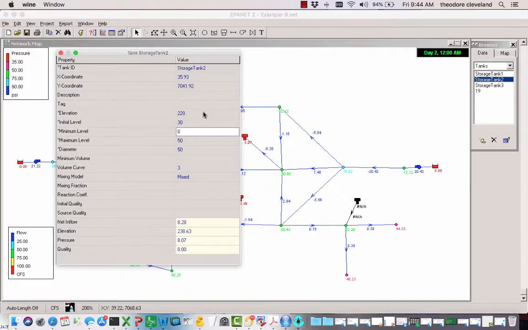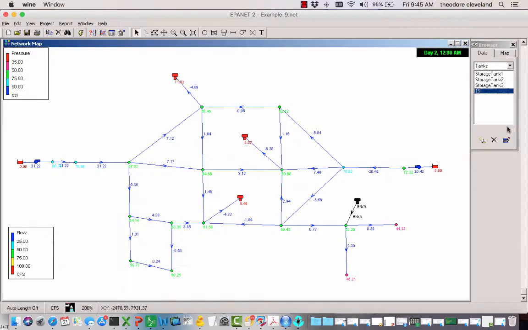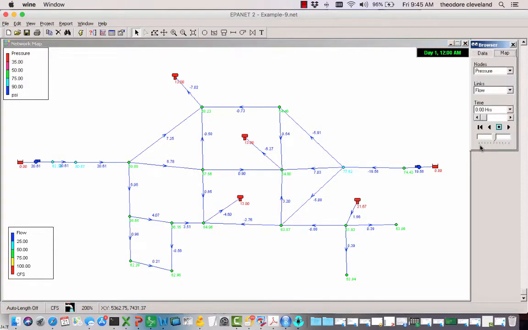So those are 220, 30, 0, 50, 50. 220, 50, and the volume curve is curve 3. We run it now, and let's go look at our time.